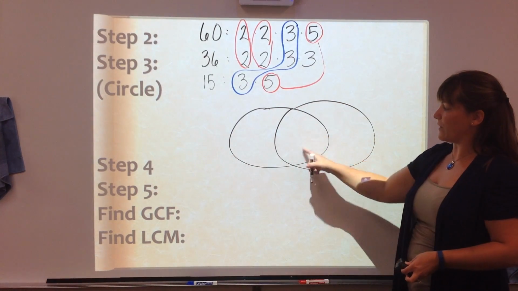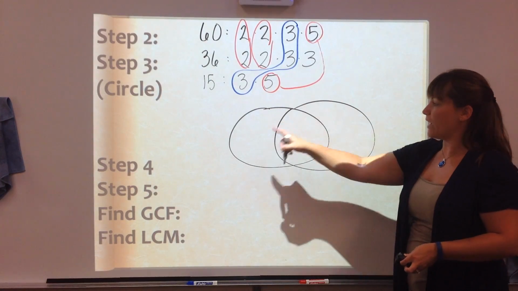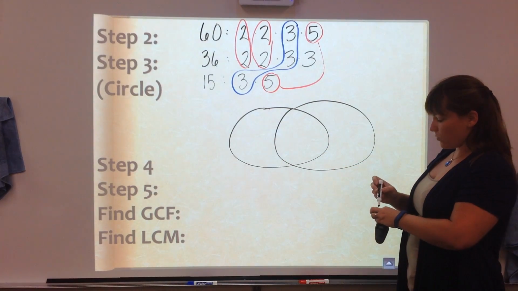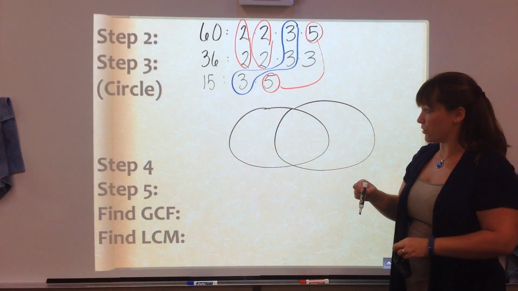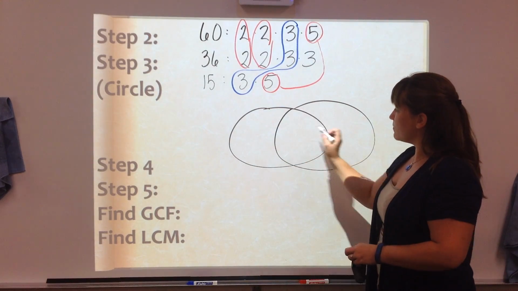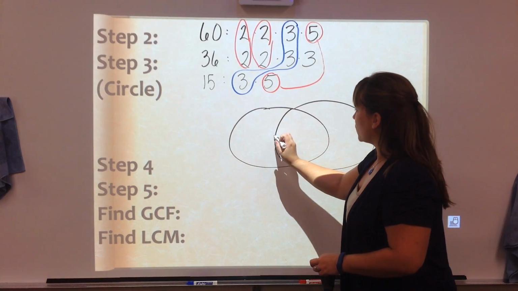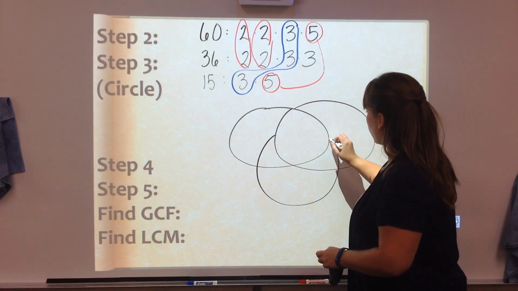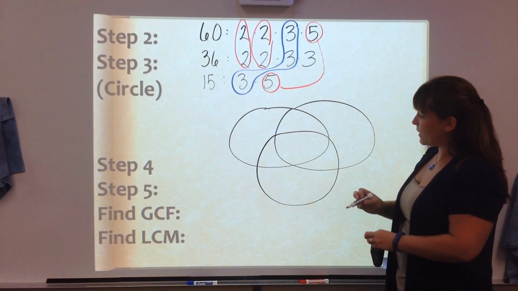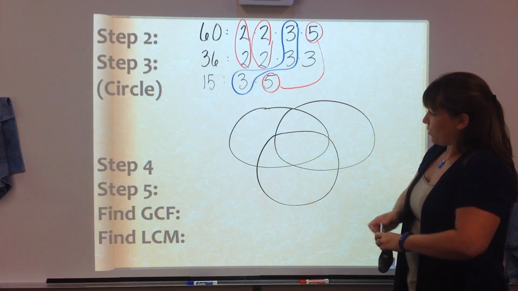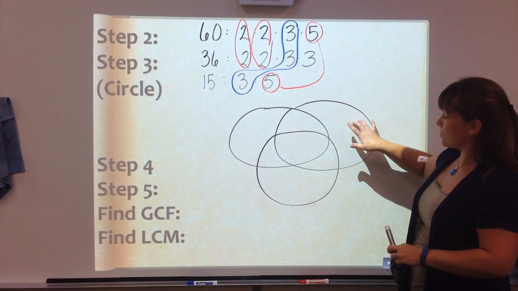So you've noticed I have a section in the center and left and right. Now, in order to do a 3rd circle, I'm going to start in the middle of this football in the center, and I'm going to just go below. So I have made 3 circles.